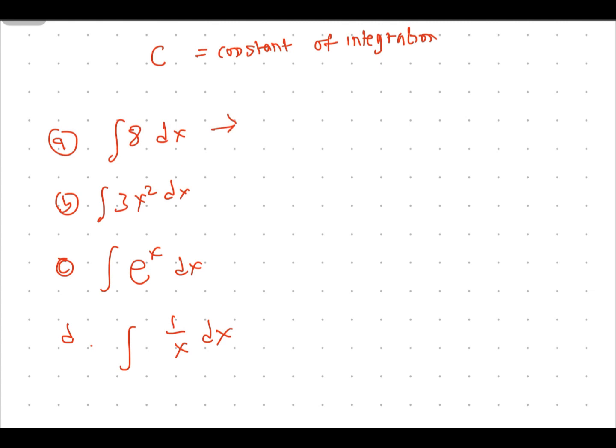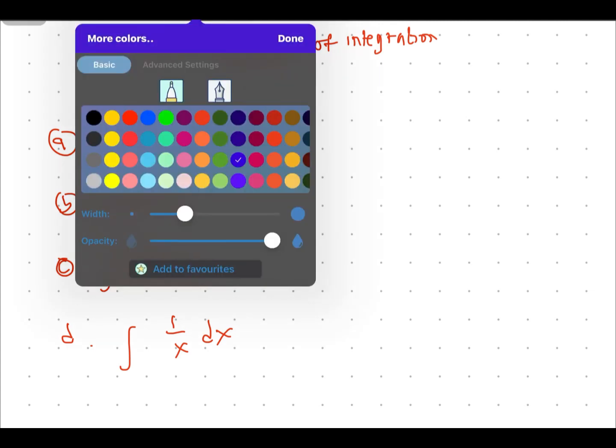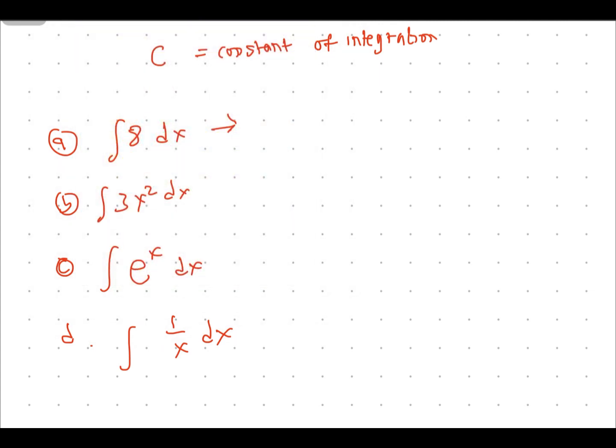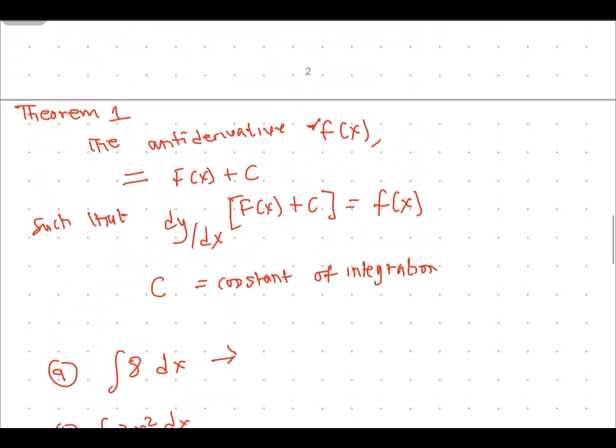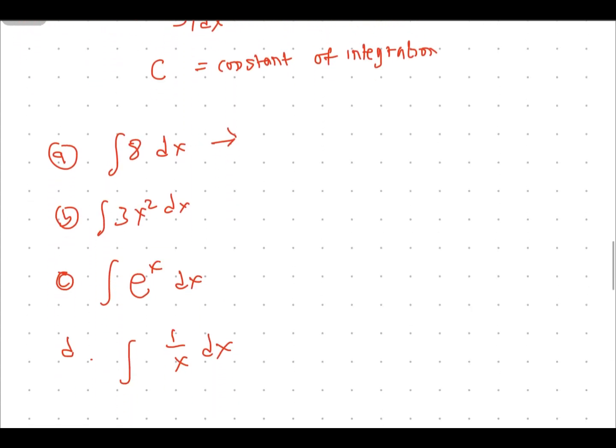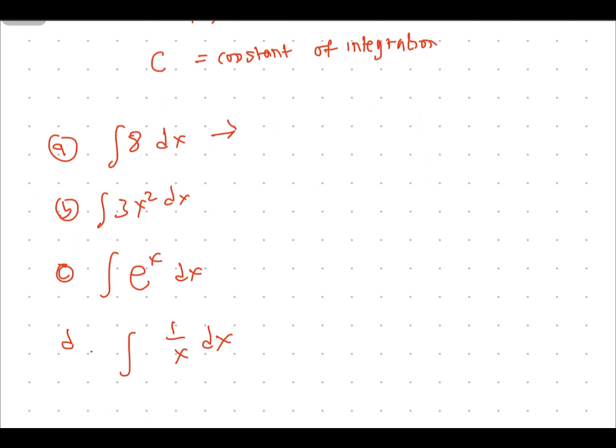Taking A here, using the theorem above, the integral of the function 8 dx is equal to 8x plus c, don't forget that. And if you want to check whether our answer is correct, we have to differentiate this. When we differentiate this one, what are we getting?